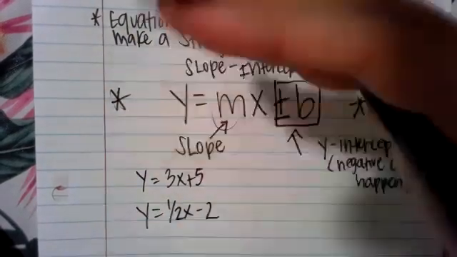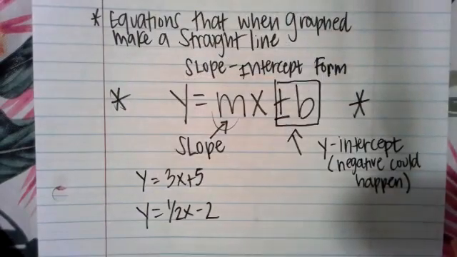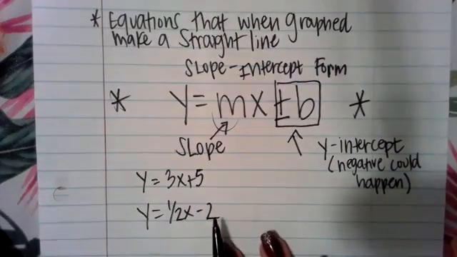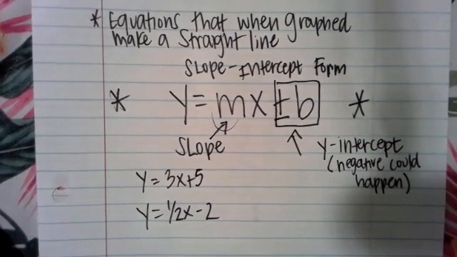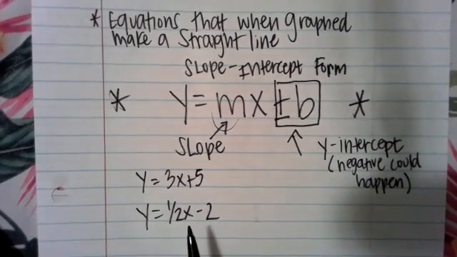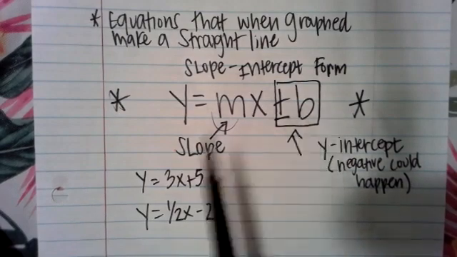It could be up in those positive sections or in the negative sections. So if I look at these two equations, I can automatically identify what my slope and what my y-intercept is going to be without even graphing it. We're going to talk about how we would graph these in a moment, but just at a glance, I can tell, this is going to be my slope, this is going to be my y-intercept just by using this form.